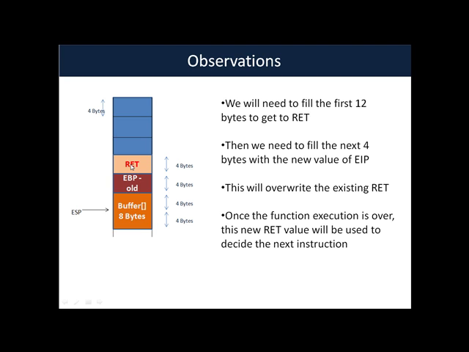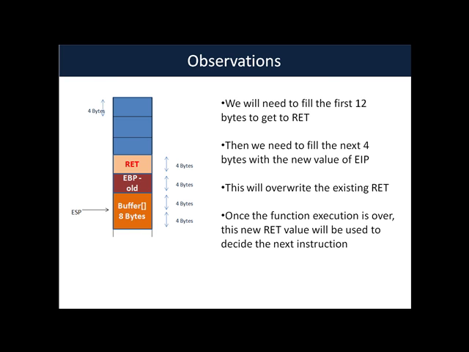Now, in the previous example, we put in a garbage value which did not correspond to any executable instruction in the program memory. Thus we got a segmentation fault, right?